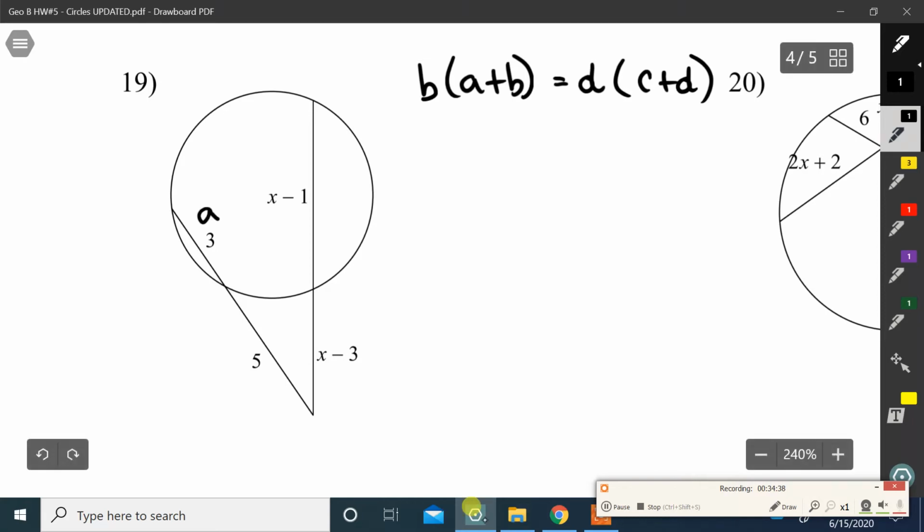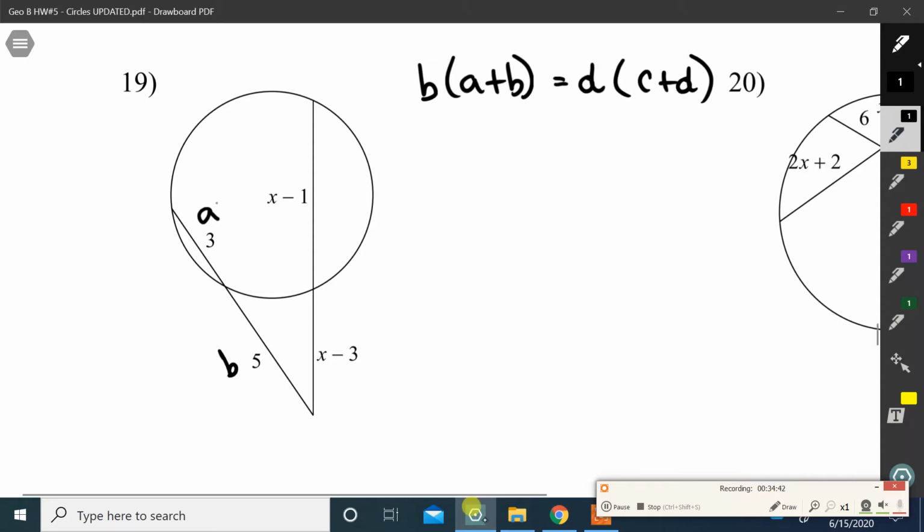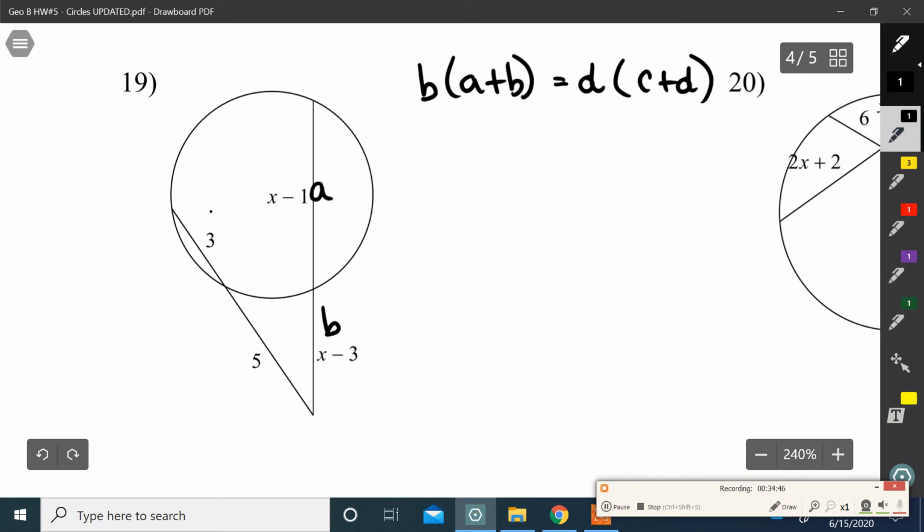We got A and B. Actually, I want to do A and B just to make it look nicer. And then we have D and then C. Actually backwards. And all I'm doing, guys, is I'm looking at the formula sheet as I'm doing this.